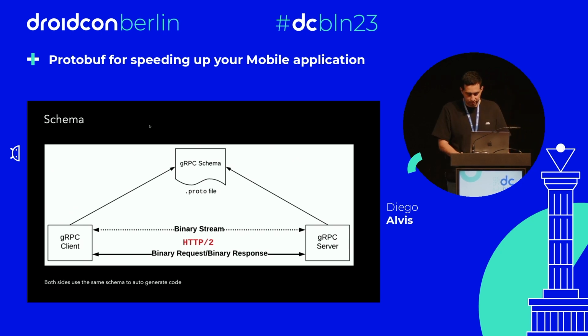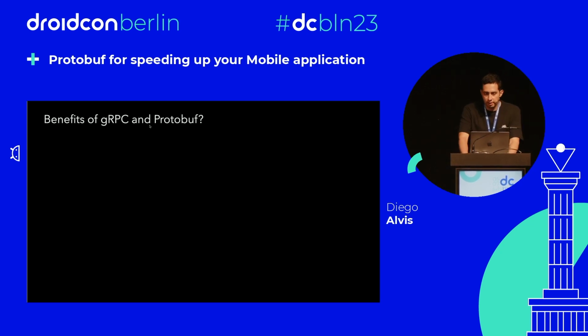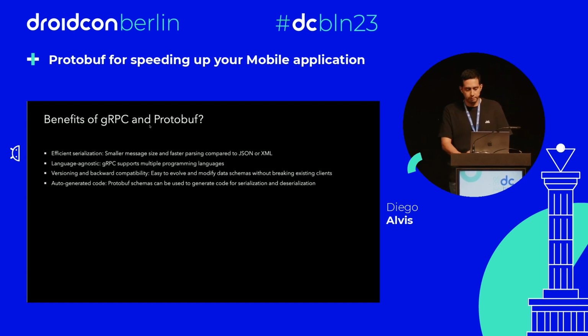All right, then to summarize the benefits of gRPC and Protobuf, we have the efficiency of serialization because the messages are smaller compared with JSON and XML. It's language agnostic. gRPC supports multiple programming languages, and I'm talking here about the compiler. It will generate code in different languages.